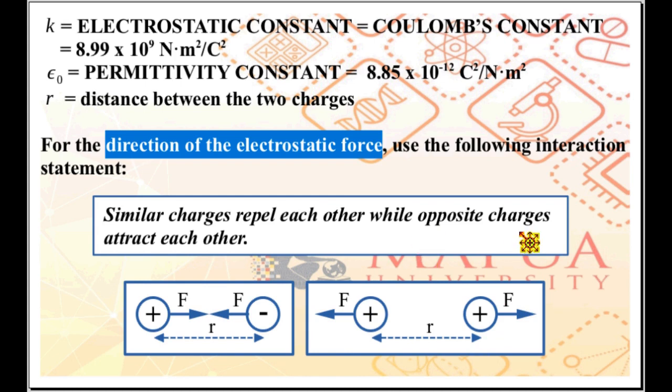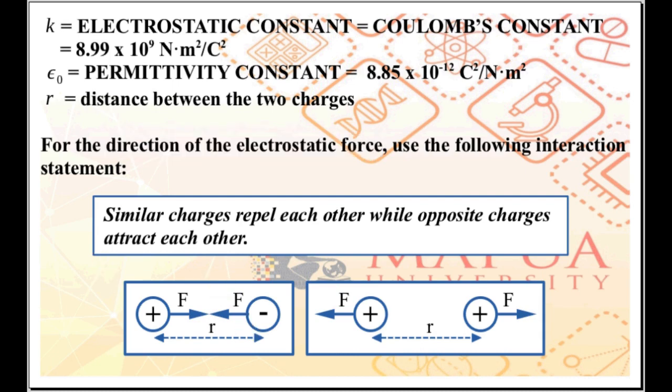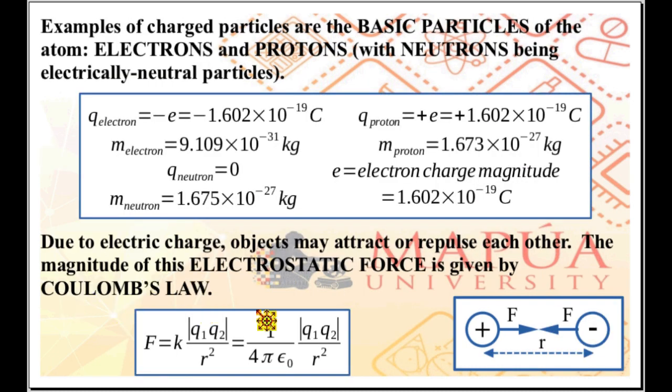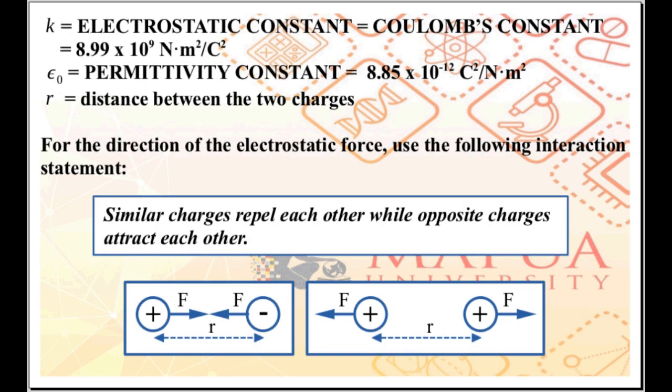While opposite charges, charges with opposite signs, so positive, negative, or negative, positive, opposite charges will attract each other. So you have the direction of the interaction, which will provide you with the direction of the electrostatic force. So for the magnitude of the electrostatic force, you have Coulomb's law. And for the direction of the electrostatic force, you have this interaction statement.